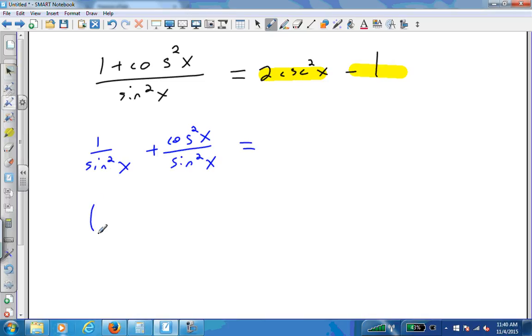But notice 1 over sine squared, we could write 1 over sine all squared. Notice if we have a fraction squared, it's the numerator squared over the denominator squared. So that's 1 squared over sine squared. Same thing for the second fraction. Cosine squared over sine squared, we could call that cosine over sine all squared.